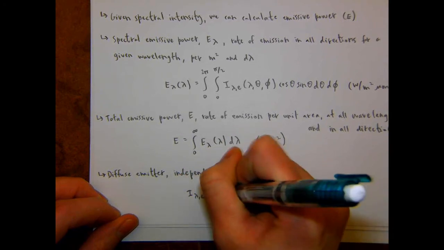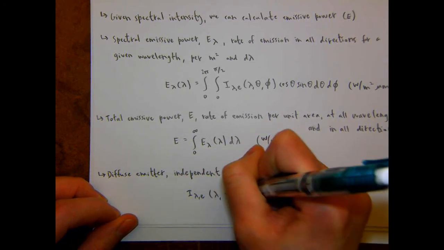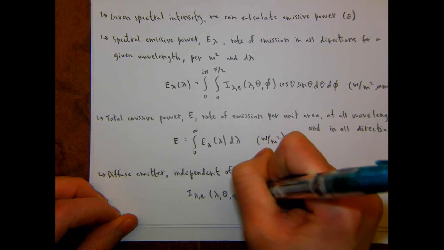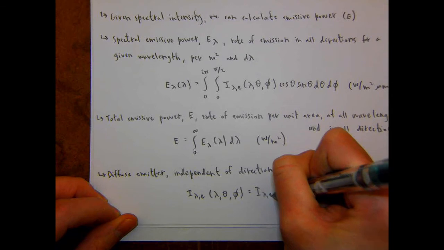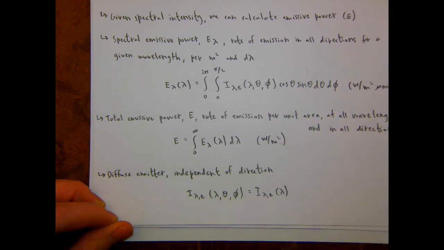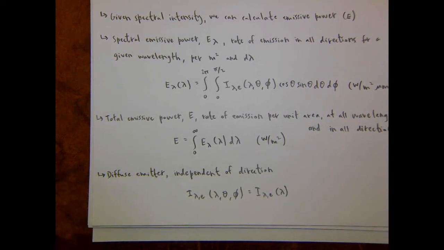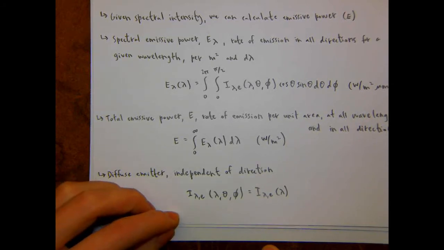So for a diffuse emitter, the spectral intensity is now just a function of wavelength. And this simplifies the integration.